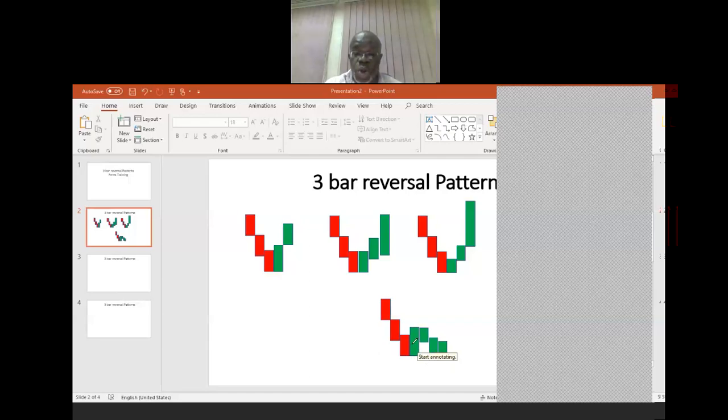That's the measuring candle, the apex. The 3rd candle, instead of entering and going bullish, chose to come down. So this is not a reversal pattern.